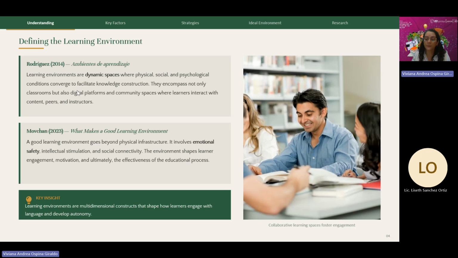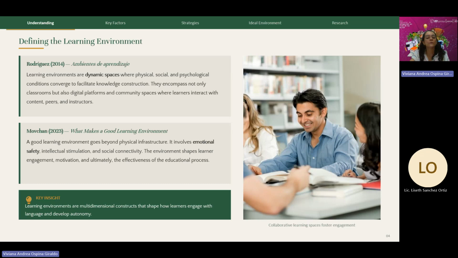So we need to keep in mind that this particularly has to do with how we make the learning environments attractive and constructive for our students. So these not only deal with the classrooms themselves, but also with digital spaces, platforms, communities, and the interactions that we have with those different things.